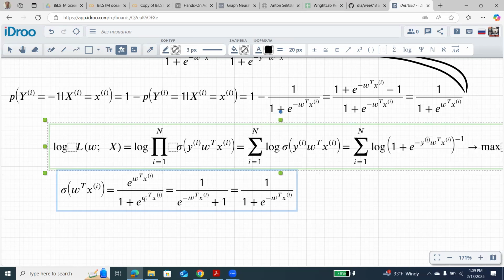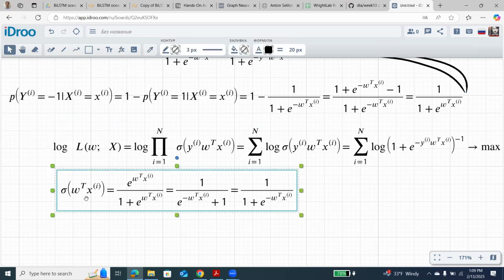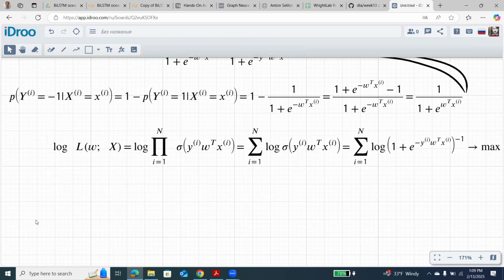Okay, so finally, we use another property of logarithm that this power will go outside the sum. And can you see now the similarity with cross entropy loss function that you have in problem 2?